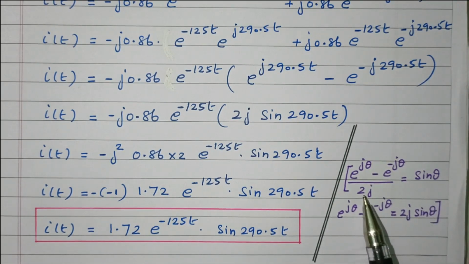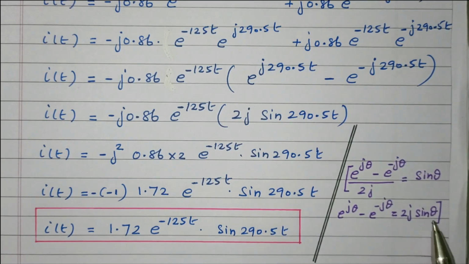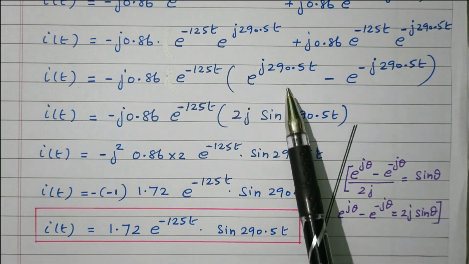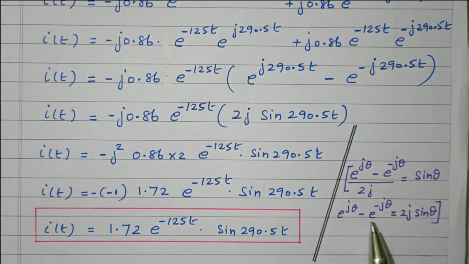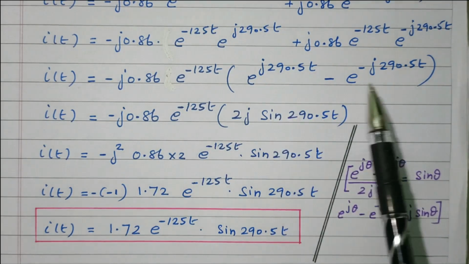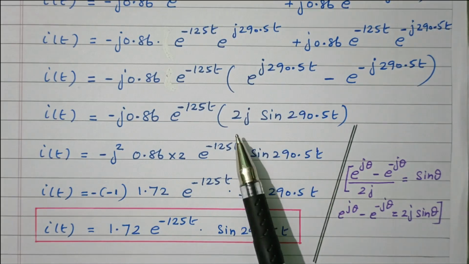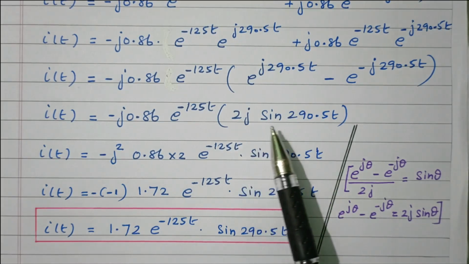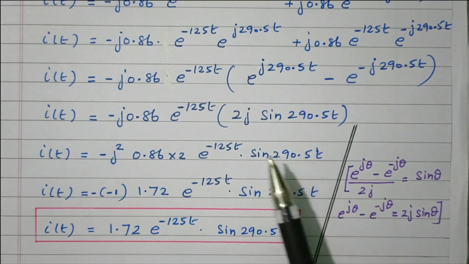Multiply by 2j on that side, so that e power j theta minus e power minus j theta can be written as 2j sin theta. Here theta is nothing but 290.5 t. So based on that, these two terms can be written as 2j into sin theta, where theta is 290.5 t. Right.